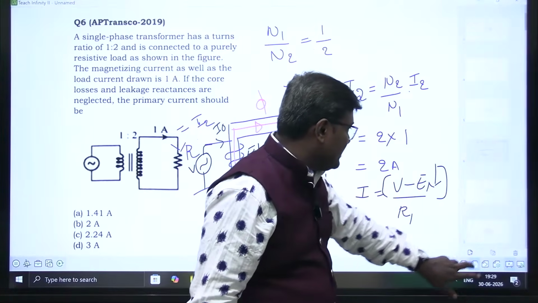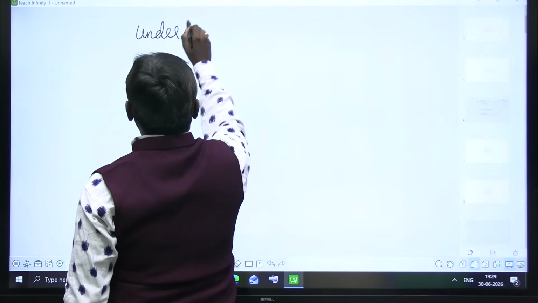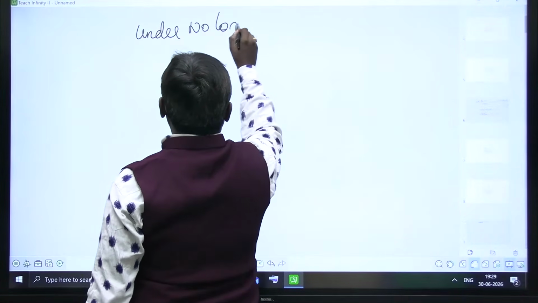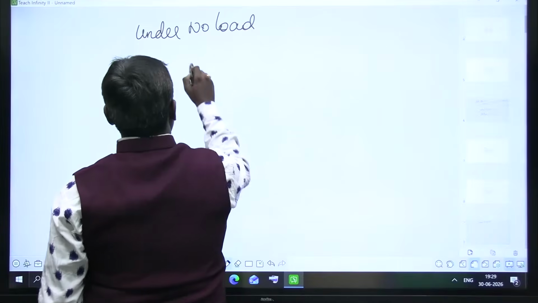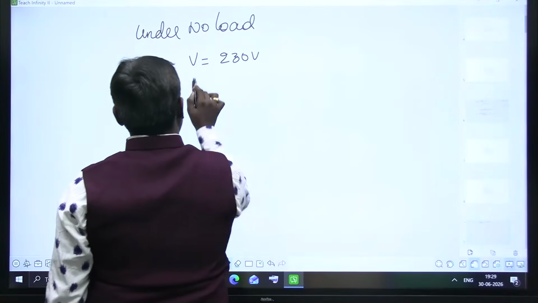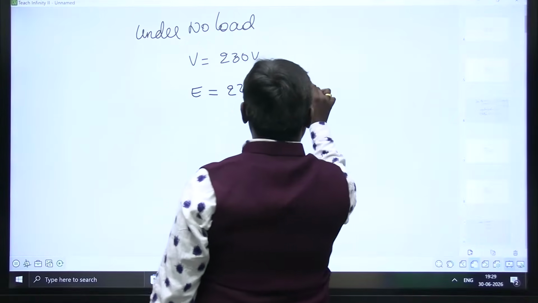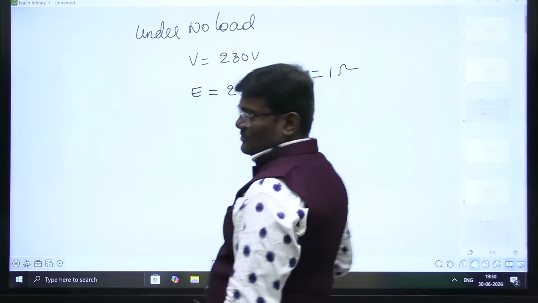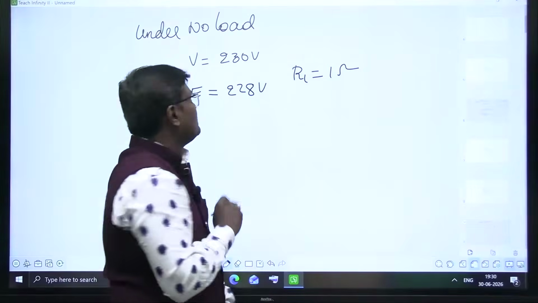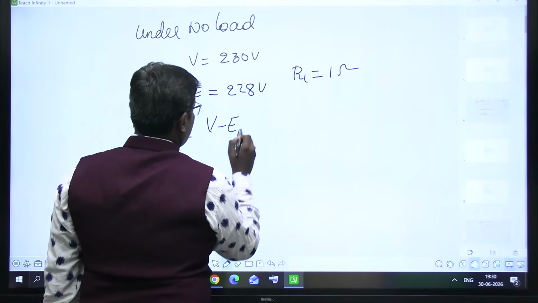I will explain in a neat way. Under no load conditions, let us say V is equal to 230 volts, induced EMF is equal to 228 volts and R1 is equal to 1 ohm. So I is equal to V minus E1 by R1.